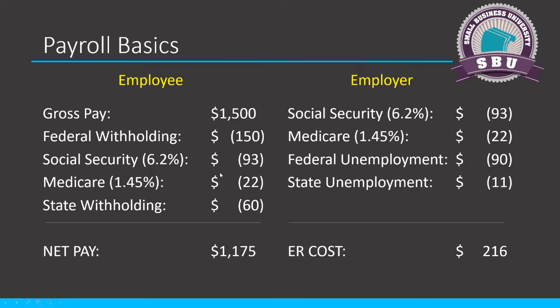Now, when it comes to FICA, there's also a side on the employer side with this, but let me get into that in just a second. Just know that this amount and the Social Security and Medicare on this amount are equal.